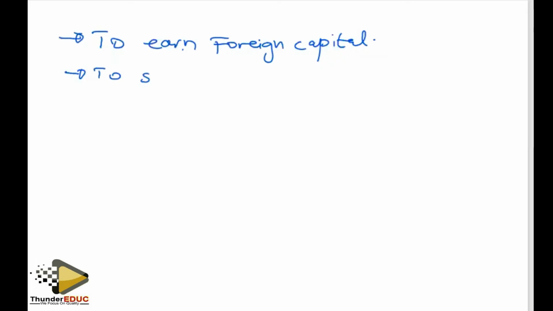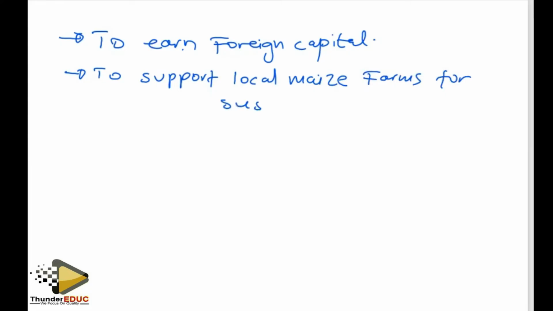To support local maize farms for sustainable production.